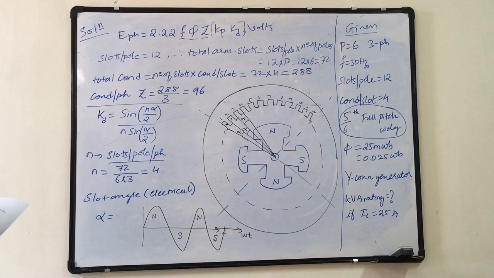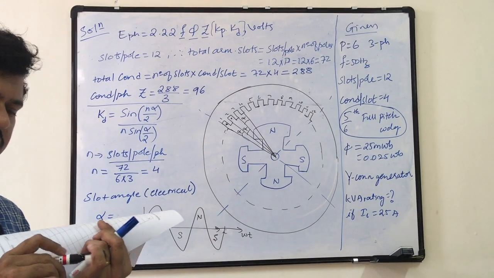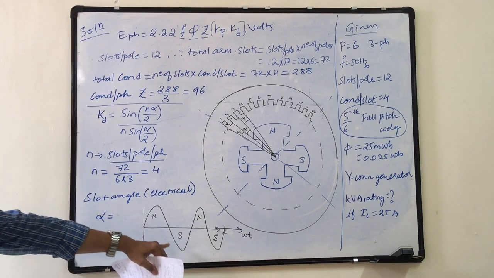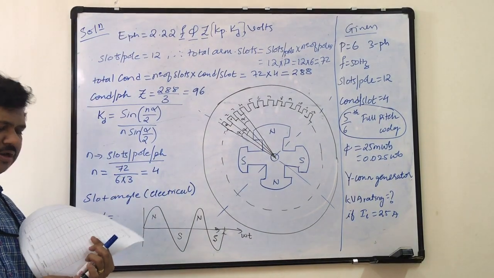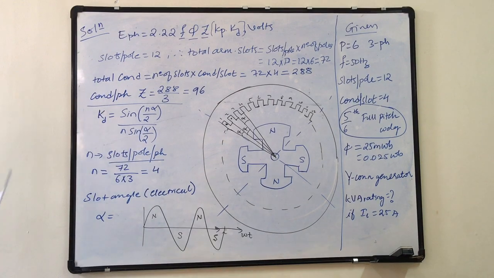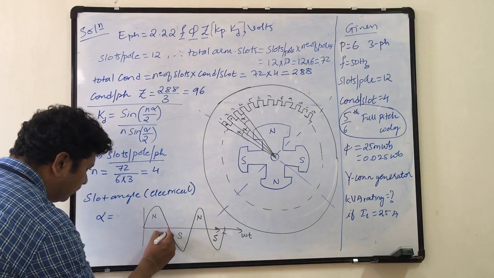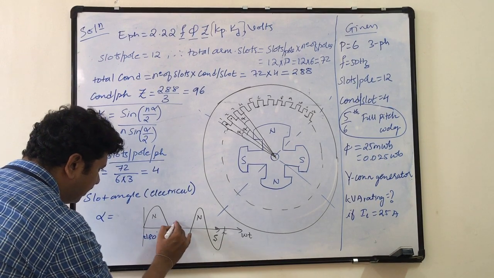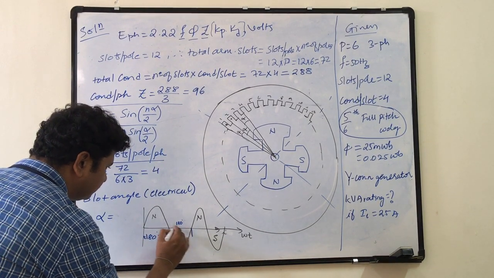There is no guarantee that the north pole will produce positive EMF, it is simply assumed. This can be south pole, north pole, south pole, north pole. But what I am interested in is that one pole induces 180 degrees, and the second pole induces the next 180 degrees.